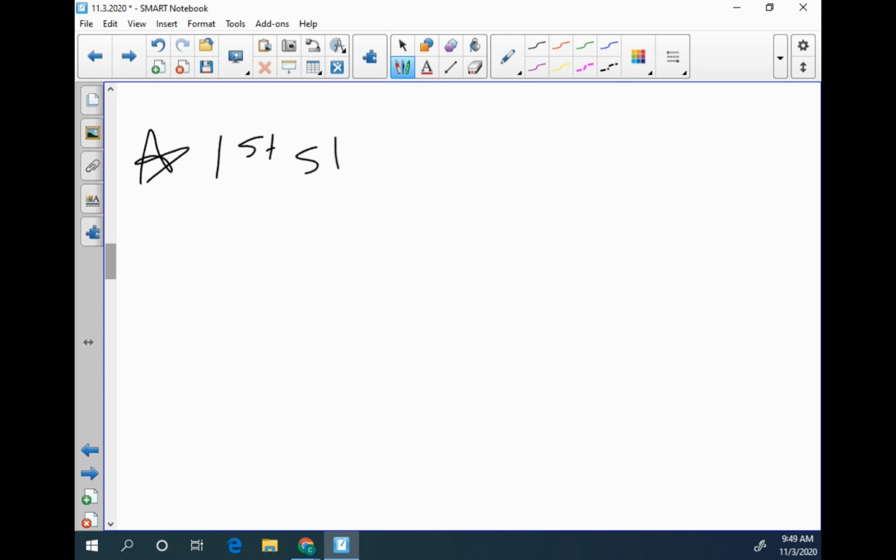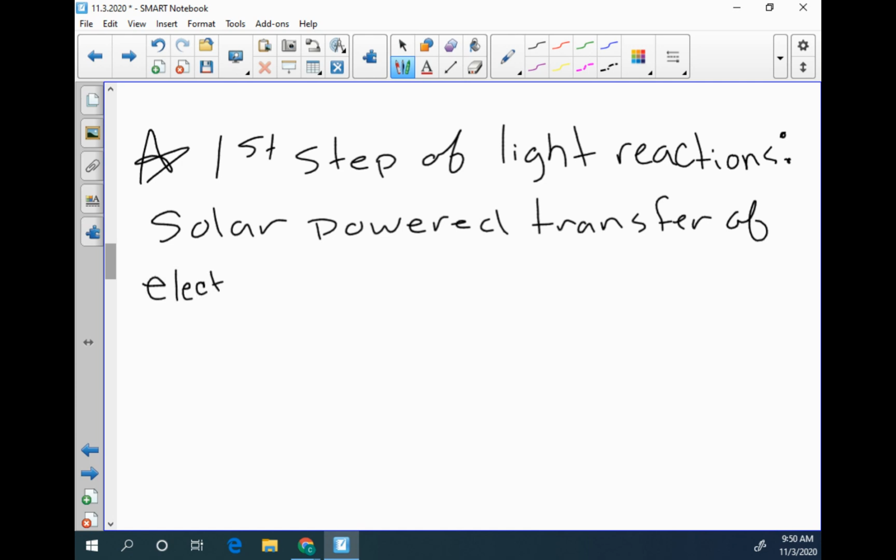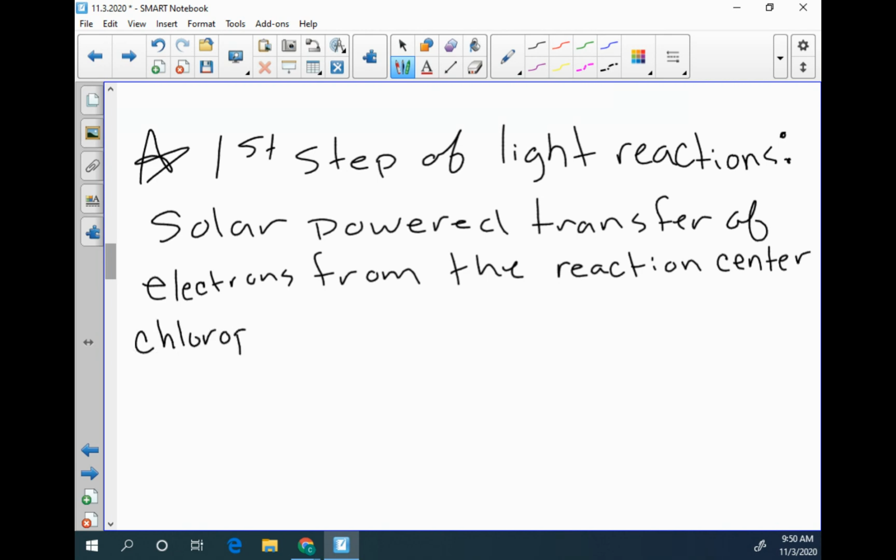So first step of light reactions is the solar-powered transfer of electrons from the reaction center chlorophyll A pair to this primary electron acceptor.